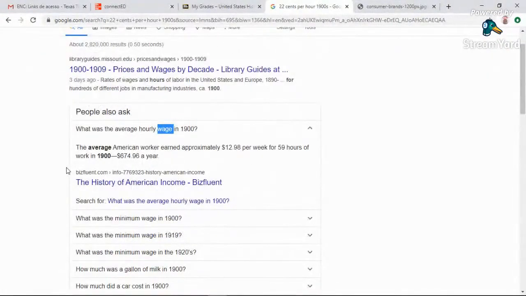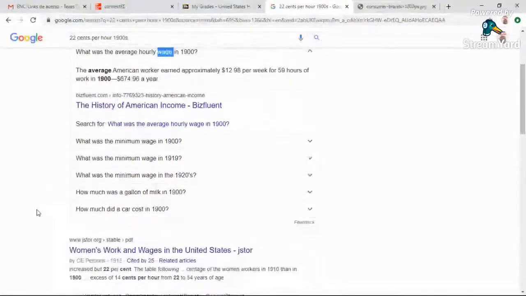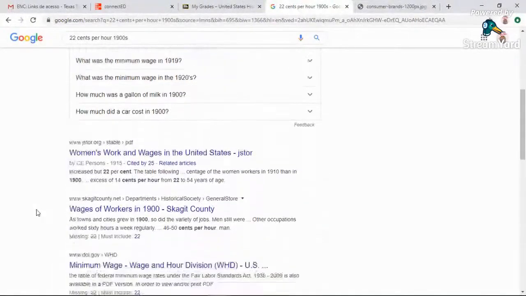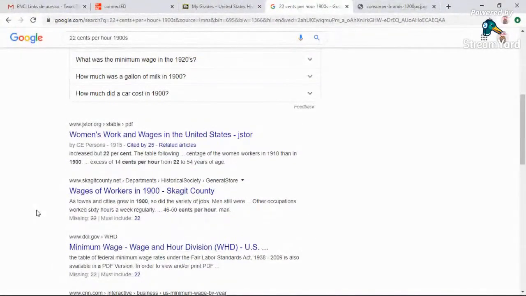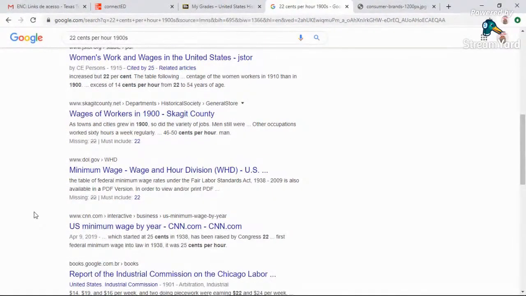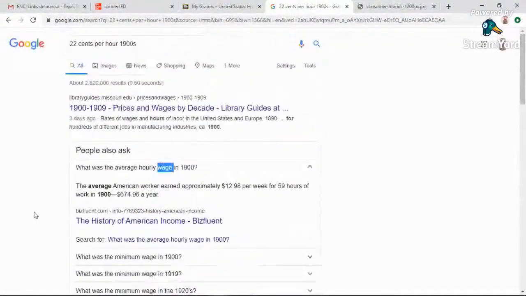It's about $12.98 per week, or $674 a year. But you have to adjust that for inflation, which I can't do right now because that would take too much time here, guys.